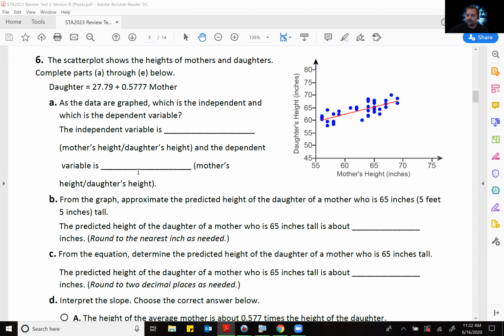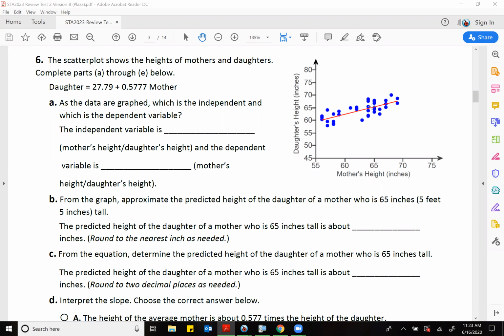Part B. So from the graph, approximately predict the height of the daughter of a mother who is 65 inches. Okay. So go out to 65. We're right here. What is the approximate height of the daughter? 65. Probably 65. Maybe, yeah. I'd go with 65.